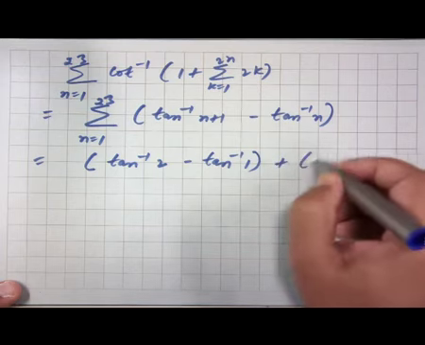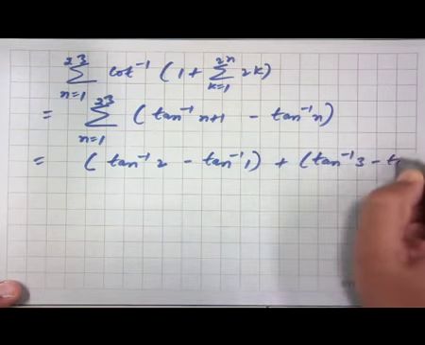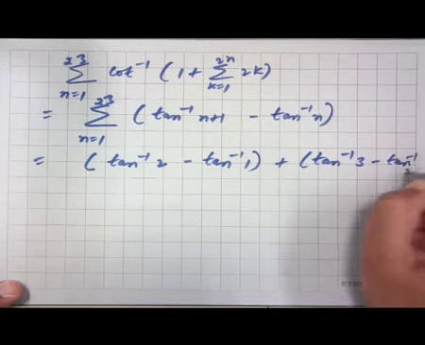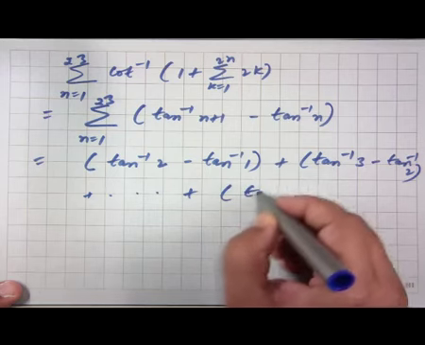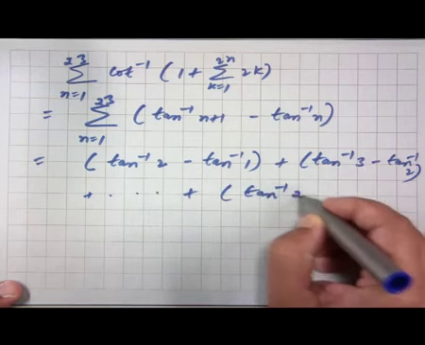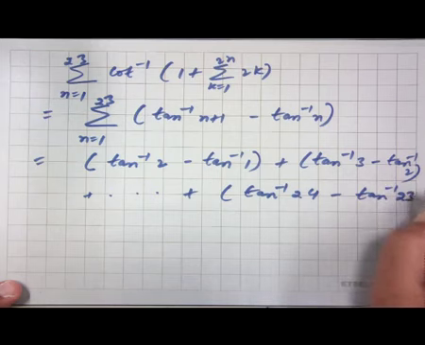The second term is tan inverse 3 minus tan inverse of 2, and likewise the last term is going to be tan inverse of 24 minus tan inverse of 23.